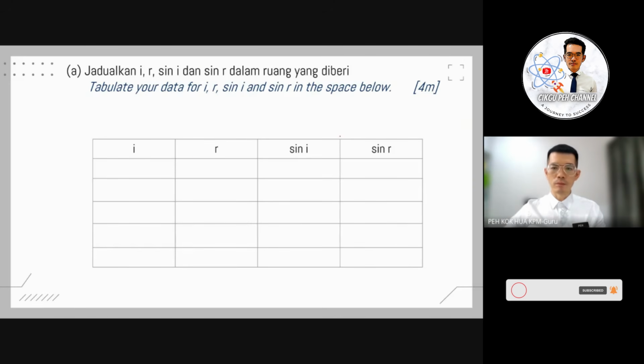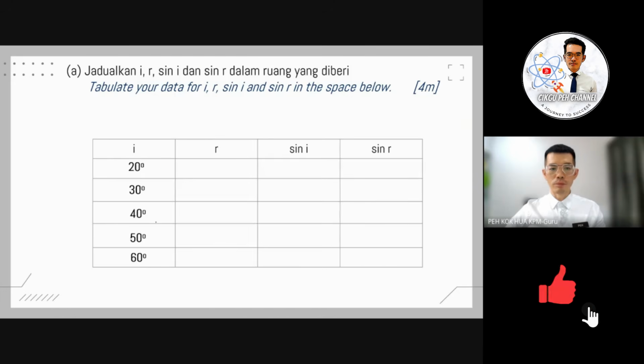So basically, the table will be like this. This is the reading of the manipulated variable, which is given by the question. And as you already watched the simulation, you will get your 5 responding variable readings, which is the refracted angle.